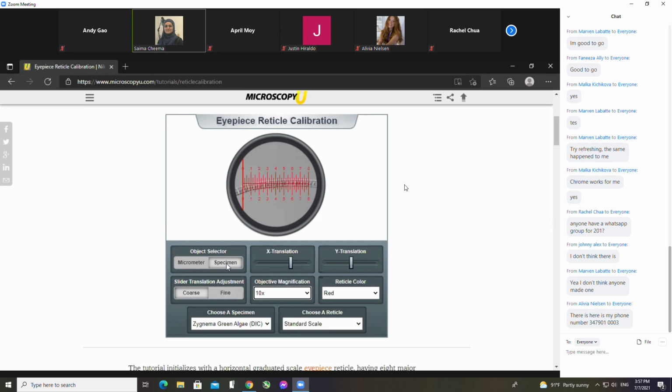If I select the stage micrometer, I start seeing that ruler, and I know it's the stage because when I move it around, it's the black ruler that moves, not the red. Red is fixed in your ocular piece. The black one moves up and down or side to side, so we know which one is which.